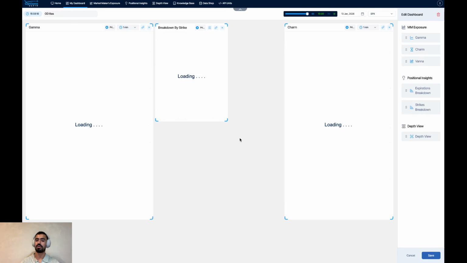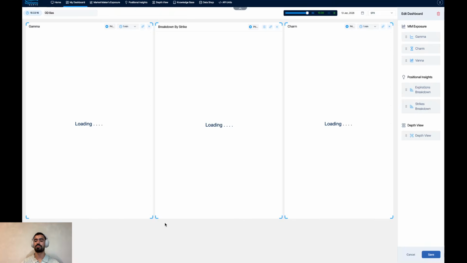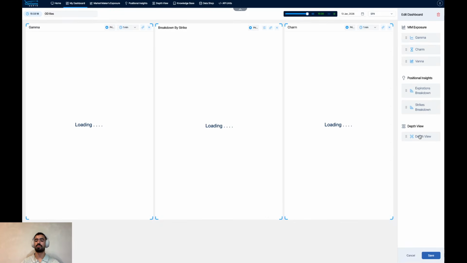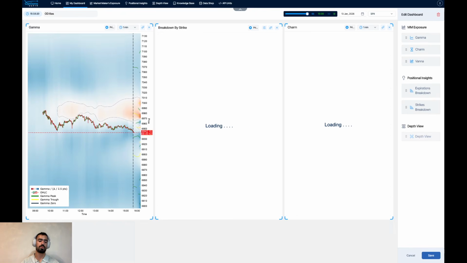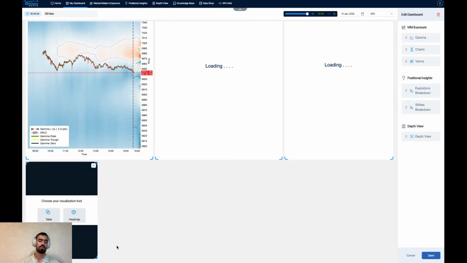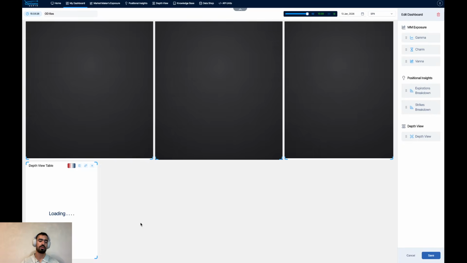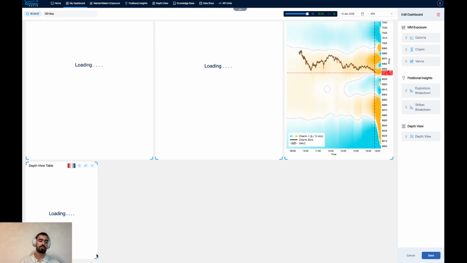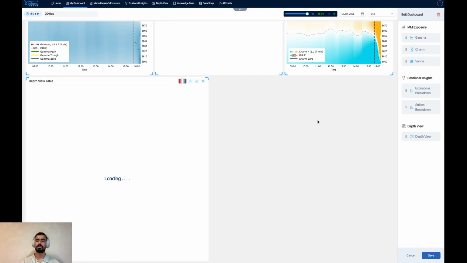Ice packs. All right, so here we have a breakdown by strike. We have gamma. I had a depth view. I like depth view, but not my primary view. I'm just going to put it here. I like the table version. So here I'm editing my layout, and I'm going to add a 3D view of the gamma.